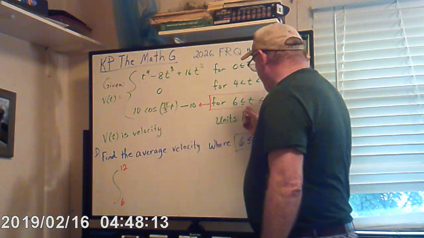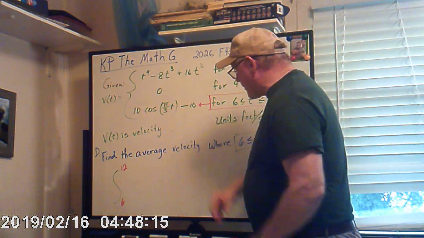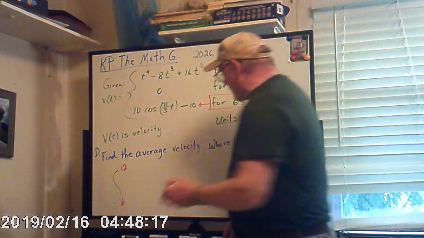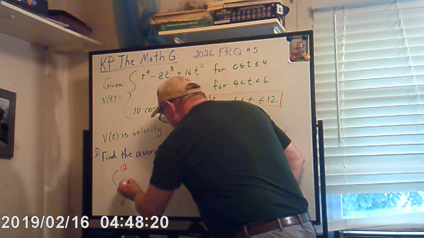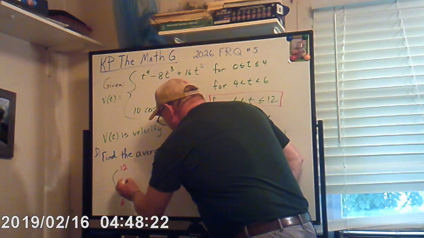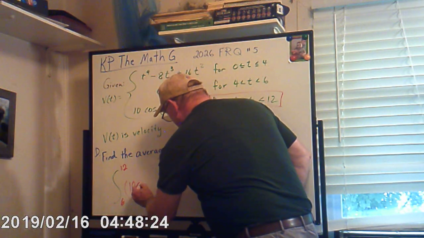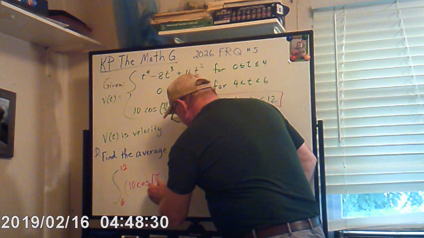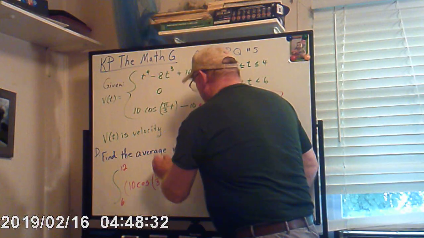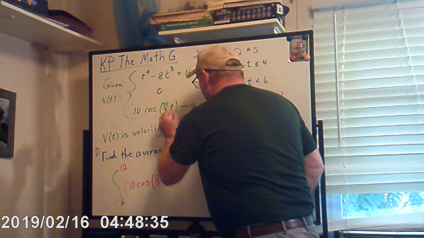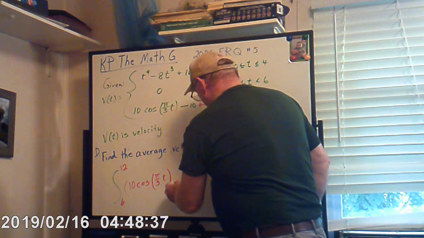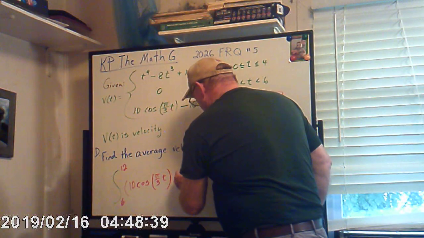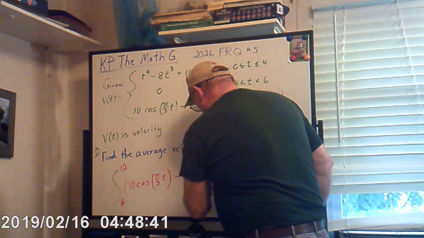And then for t from 6 to 12, we're using this one. So we are going to use the integral of 10 cosine of pi over 3 t minus 10 dt.